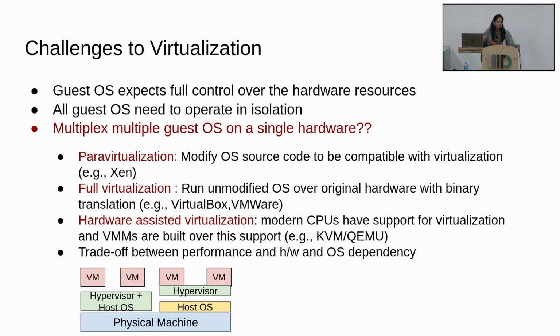So the hardware guys did some new empowering to enable these virtualized environments, and the third form of virtualization came into the picture, called hardware-assisted virtualization, where modern CPUs let you run the hypervisor and your guest operating system in different privilege modes.